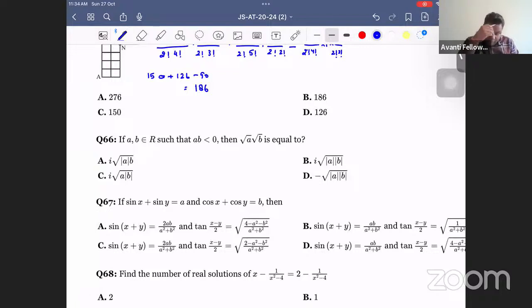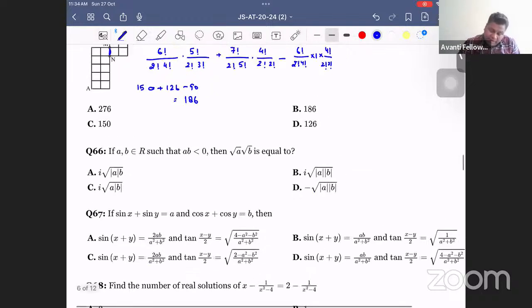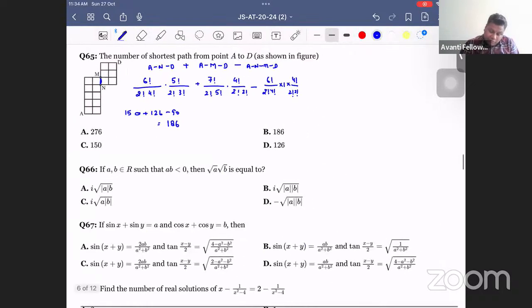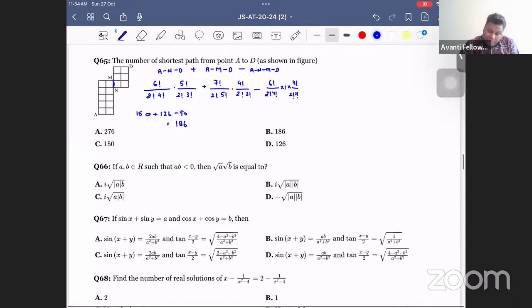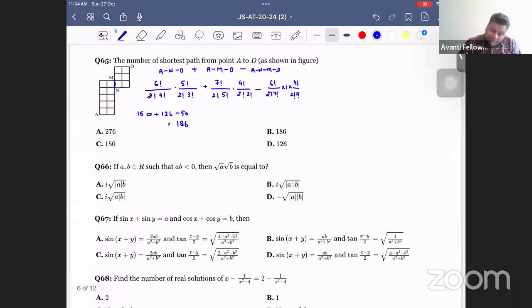If A and B belong to R such that AB is less than 0, then under root A under root B is equal to? Now see, product AB is less than 0. Am I correct? So that means one of them is positive and the other one is negative. Just to make your understanding better, I will first go with a simple numerical example. Let A be minus 2 and B be 3.